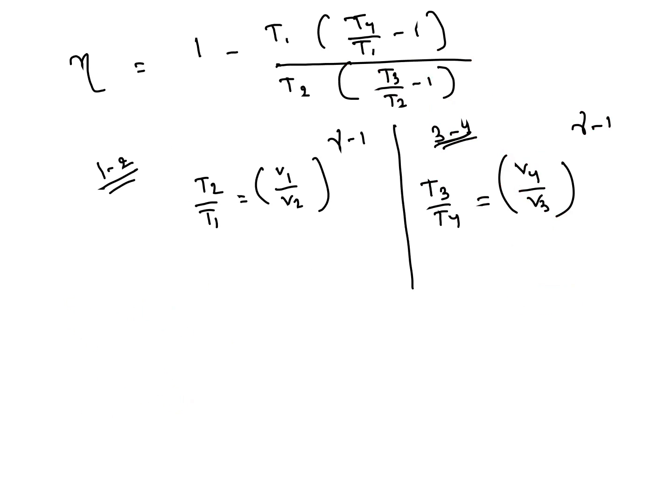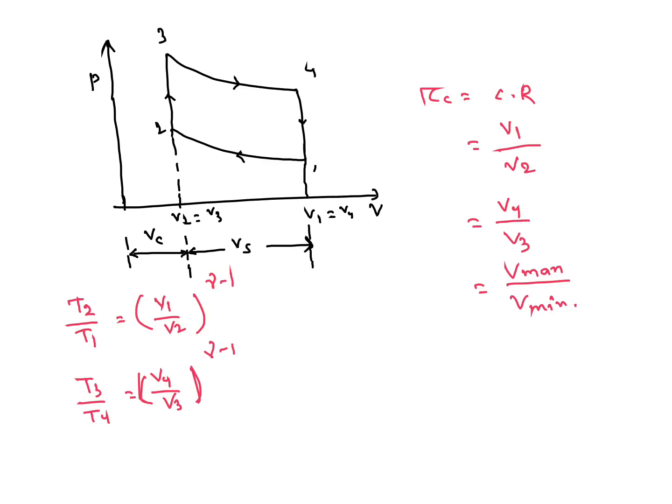Here already we discussed. In this term V1 by V2 we will replace with V4 by V3, whole to the power gamma minus 1. This equation we will apply in the efficiency equation.